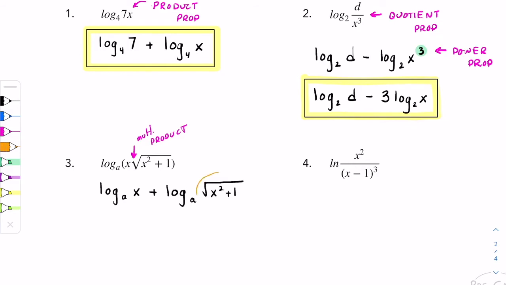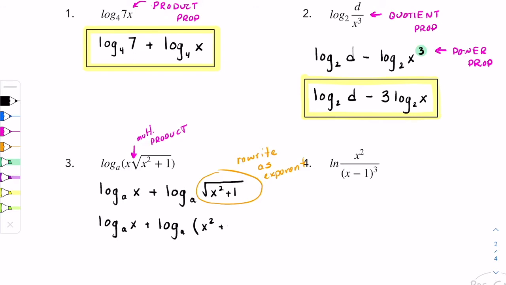Now, anytime I have a radical, I'm going to rewrite it as an exponent. If I rewrite this as an exponent, my function becomes log base a of x plus log base a of x squared plus 1 raised to the power of 1/2.